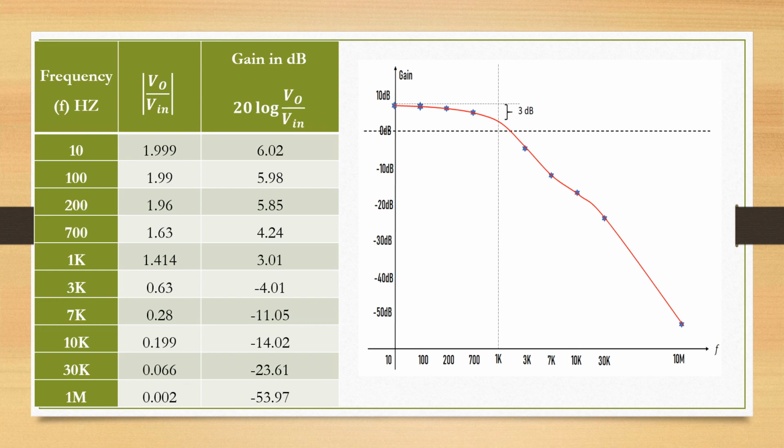There is some variation, and till the cutoff frequency the gain decreases by a small amount. But once the cutoff frequency is reached, after 1 kilohertz, the gain decreases at a rate of 20 dB per decade. So there is a sudden drop in the gain in the transition band as well as in the stop band. This is how we can design a low pass filter and also plot the frequency response.